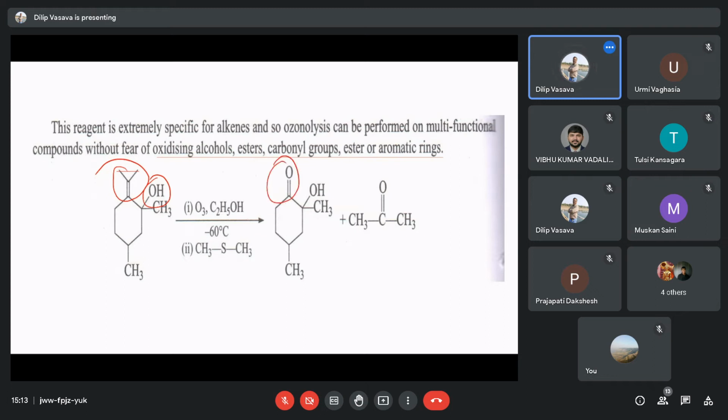And of course, this is another ketone that we got. So here the OH group remains unaffected. This is a very, very important oxidizing agent, where it is not impacting the functional groups like alcohols or esters or carbonyl groups or aromatic rings present in the moiety.